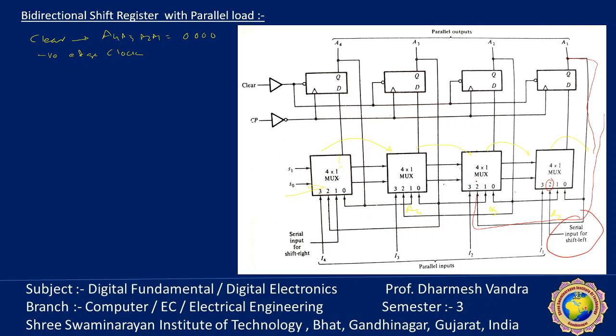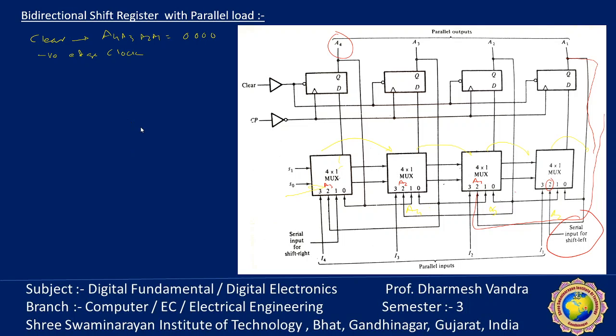This is A1, this is A2 and A3, and A4 is the serial output for the left-hand side. Yellow shows shift right, red shows shift left.